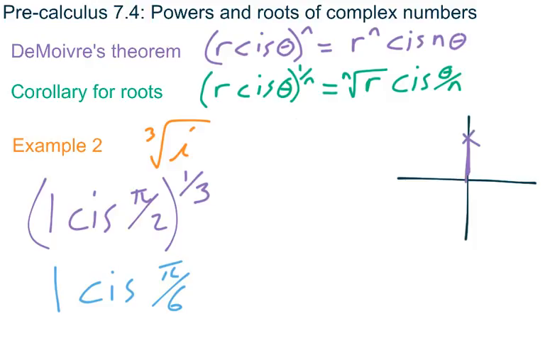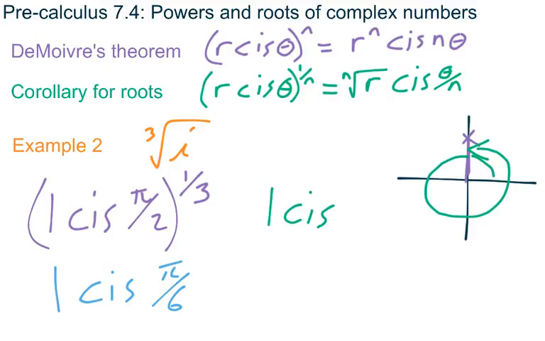Let's take this same number, the cube root of i. We could have written it as 1 cis pi over 2, but I want to show you something that may make a little bit of sense. We wrote it there, but if we went all the way around the circle and went back to that same spot, it would be the same cube root of i at that point. It would still be i. Only now it would have been written as 1 cis, instead of pi over 2, we would have added 2 pi to that.